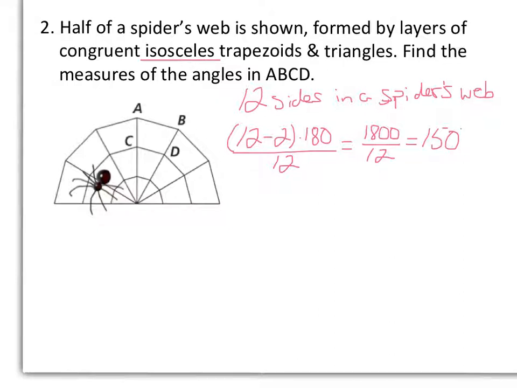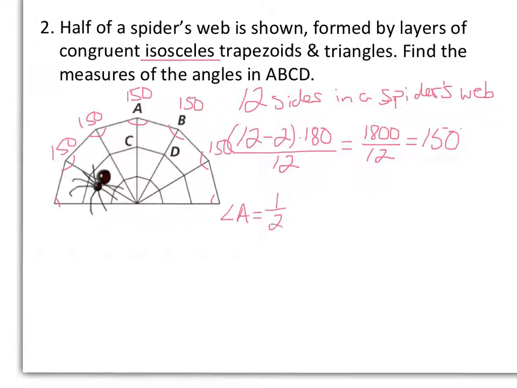So that tells me the entire angle here, so all of these angles that I'm marking are 150 degrees. So we have 150, 150, 150, 150, 150. So angles A and angle B will be half of 150.